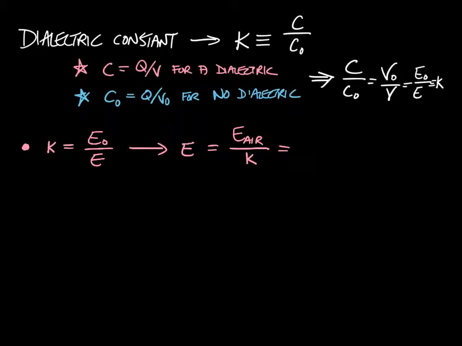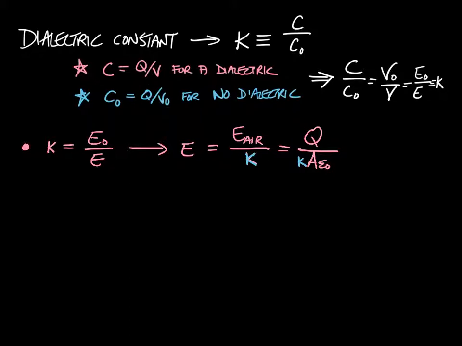what E is defined to be, which is Q per, normally it's just charge per unit area, epsilon naught, but it also has that kappa in there, okay? Because that comes from what we started with here.